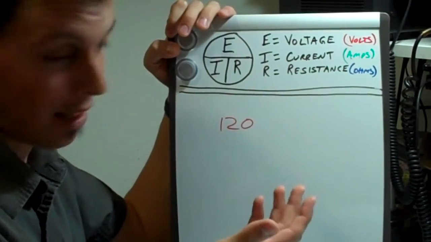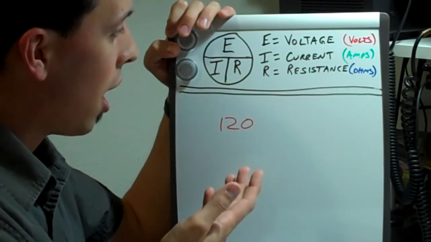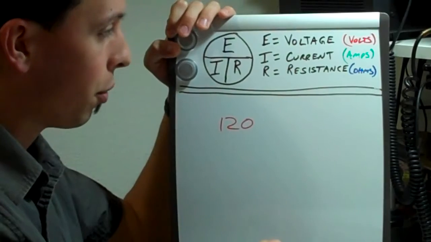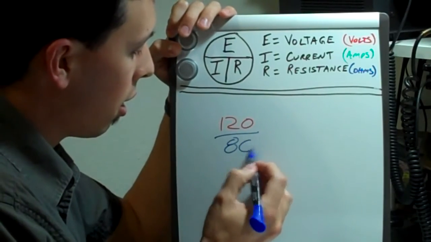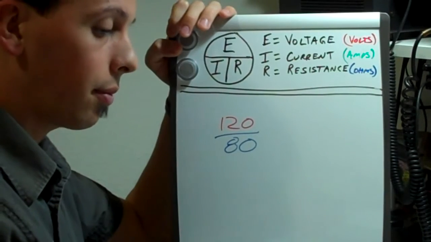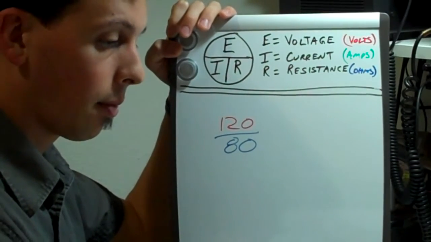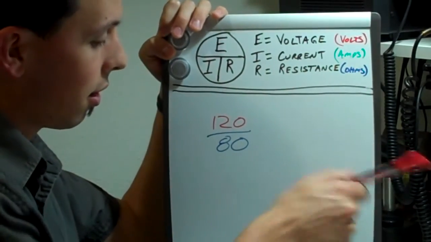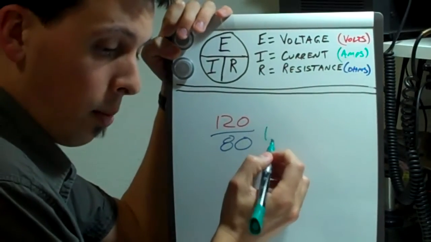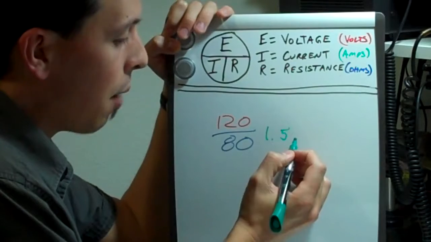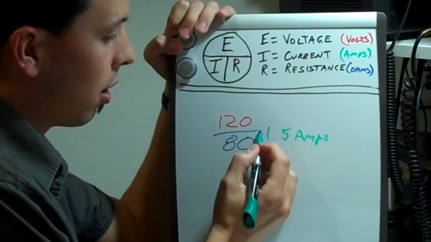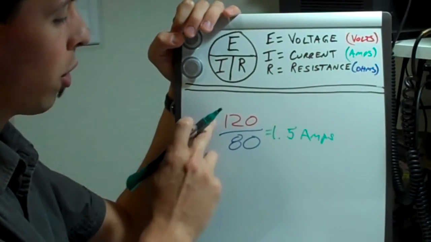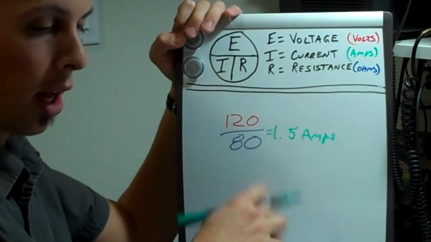Now it doesn't say divided by, I added that, but you already know it's E over R. So if they're 80 ohms, we go 120 divided by 80, which is 1.5. So the answer is 1.5 amperes or amps. 120 volts divided by 80 ohms equals 1.5 amps.